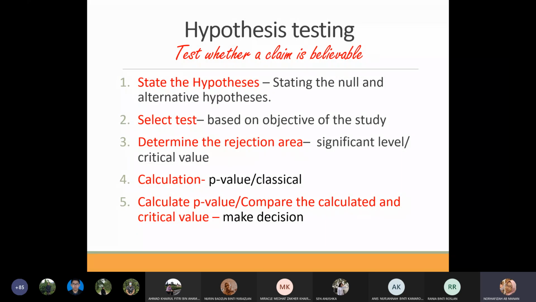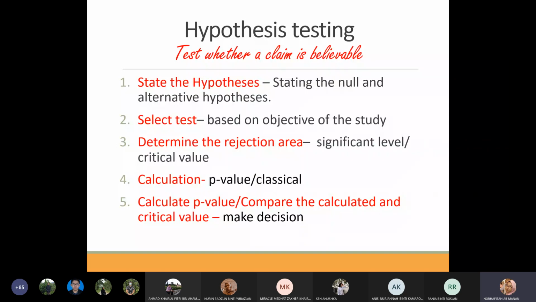From that value, you can put it in the graph, for example the normal graph, and then you can decide whether you are rejecting the hypothesis or you have failed to reject the hypothesis. For number 4, calculation, because we need to calculate before we can decide whether you reject or fail to reject the hypothesis.